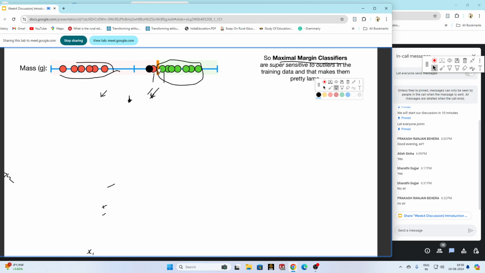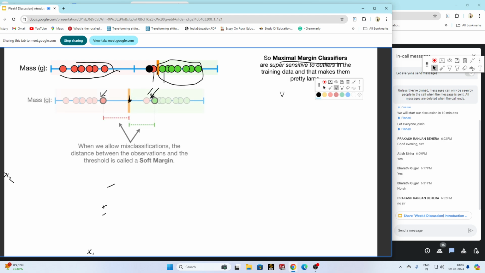Now in this type of case, whenever you take the threshold in between these 2 points, when you test a new inference or new testing point, it will be classified as a red point or non obese. But this point is close to this kind of points. So the maximal margin classifier is very sensitive to outliers.